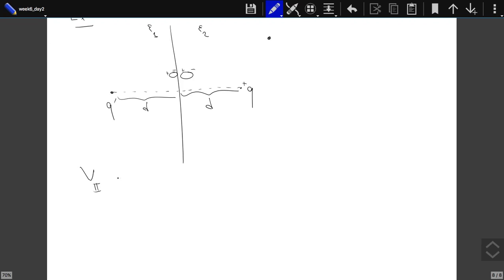So V in region 2 will be equal to 1 over epsilon 2 times Q over R, the distance from the positive charge, plus 1 over epsilon 2 times Q prime over R prime. I don't yet know what R prime is. I'm assuming that it is exactly on the other side, but I could have just let that distance be free and see if it will be satisfied.